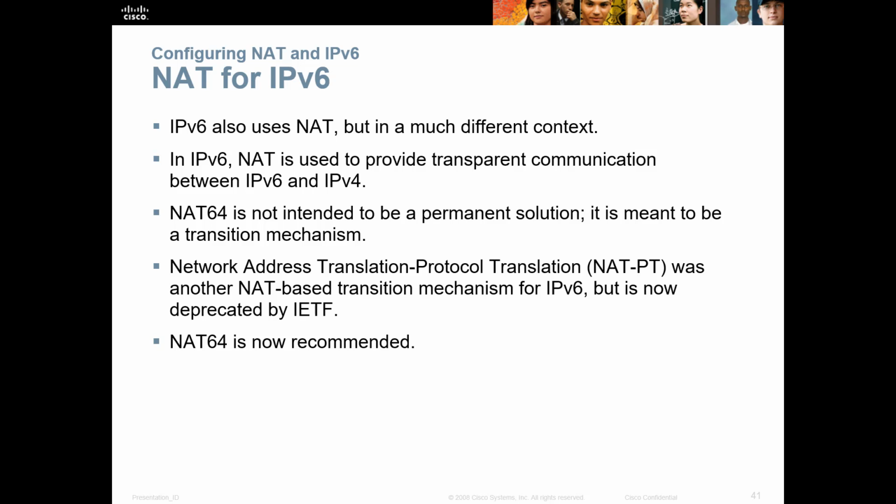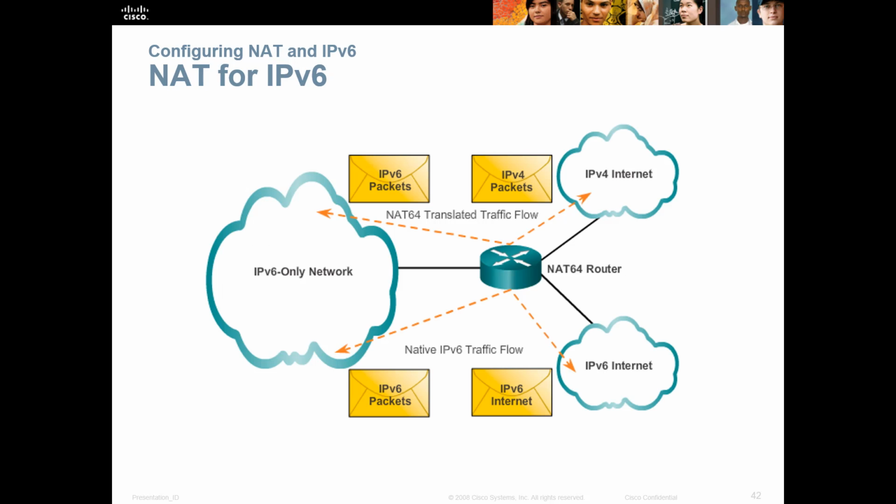There's also NAT protocol translation, NAT-PT, which is another NAT-based translation mechanism. But nowadays, it's all about NAT64. That way we can translate or send packets between 4 and 6.